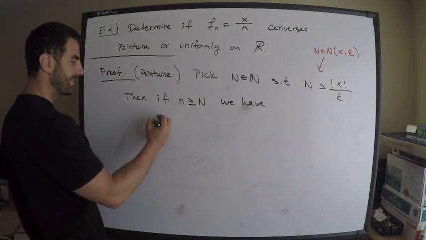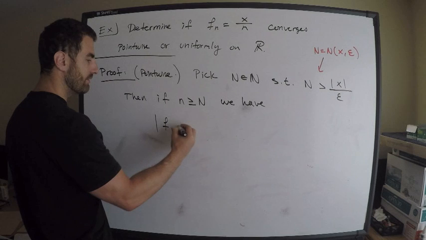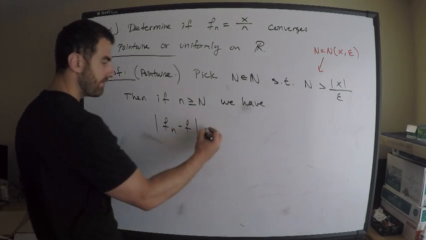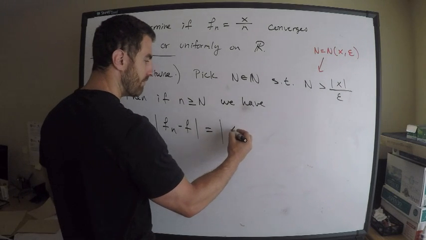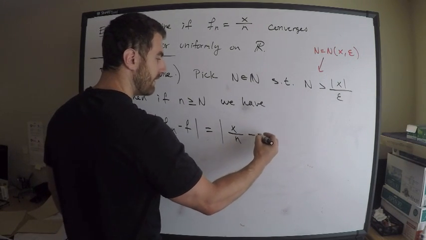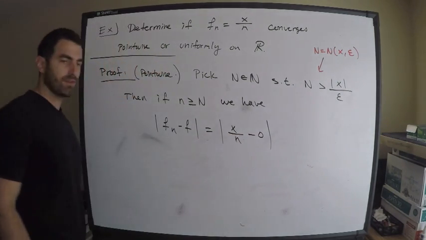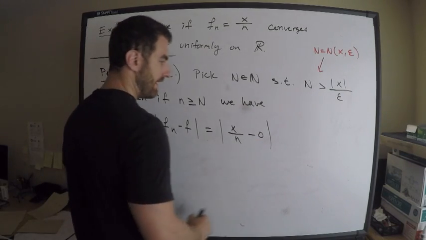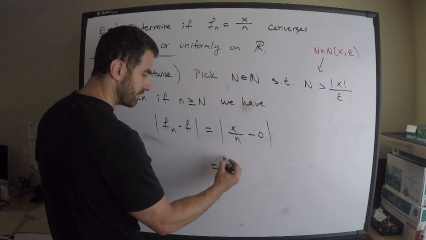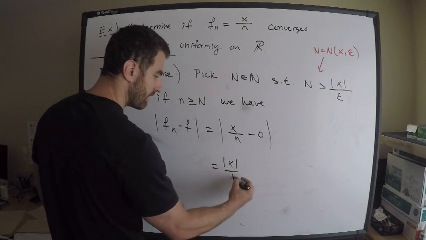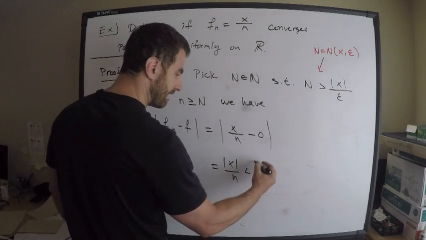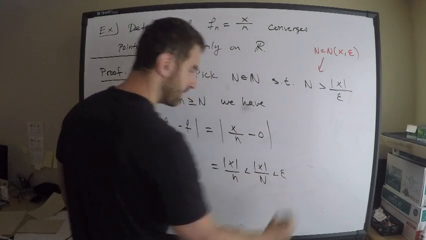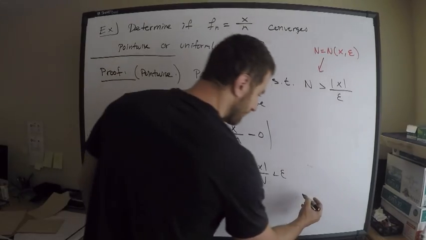The distance between the sequence of functions and the limiting function, which I called f, is equal to, well, my sequence of functions is x over n, and we saw using just limits that it should approach 0. And just doing some straightforward algebra here, this is the absolute value of x over n. This is less than the absolute value of x over capital N, which is less than epsilon. And we're done. I mean, this proves it.